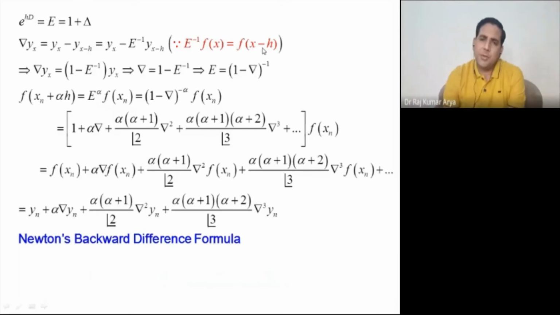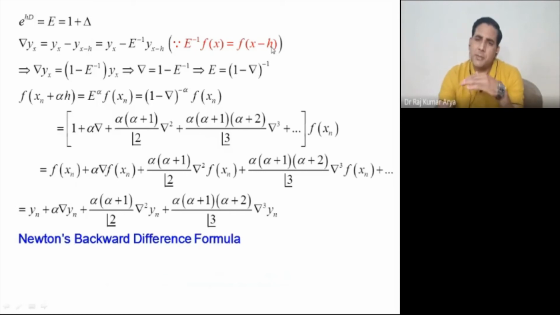If you go E to the power 1, you are going to the forward shift, and minus 1 means the backward shift operator. So E to the power minus 1 f(x) equals the function value at x minus h. If you calculate E to the power minus 2, you get f(x minus 2h).